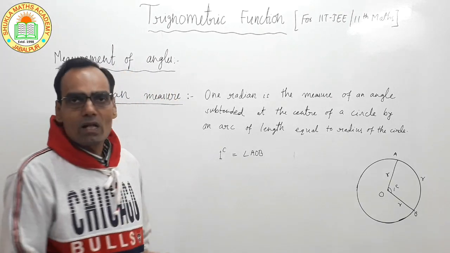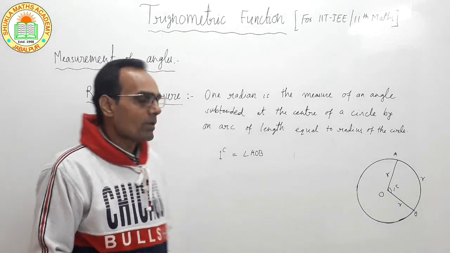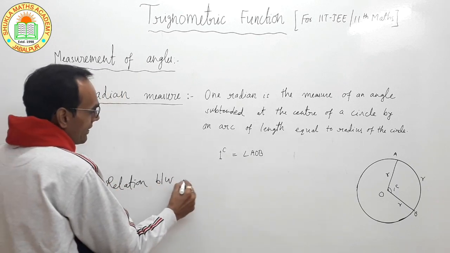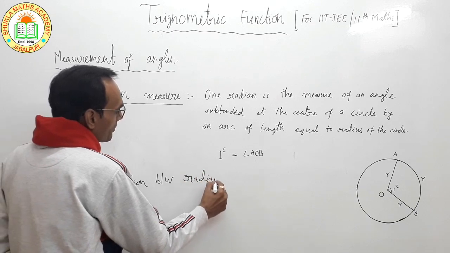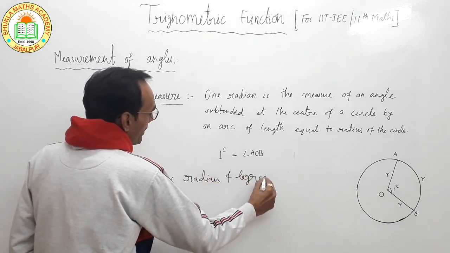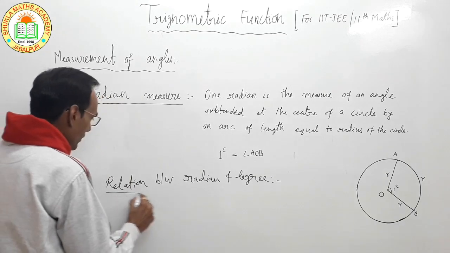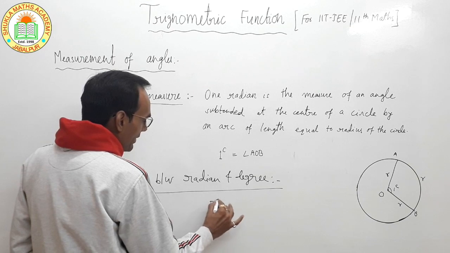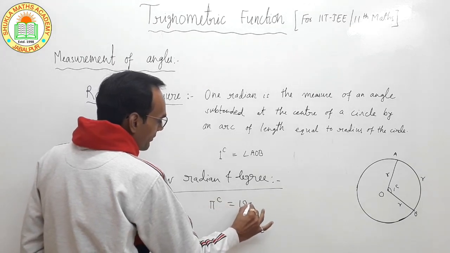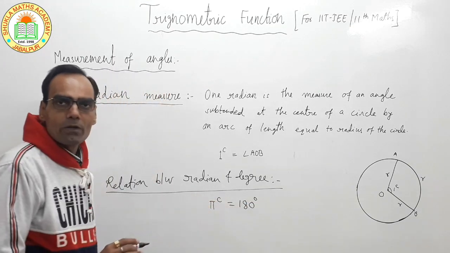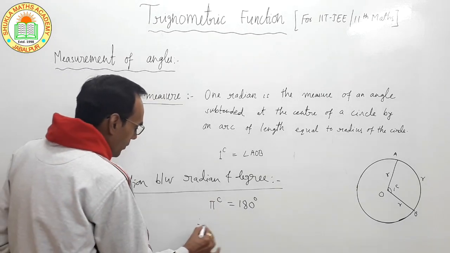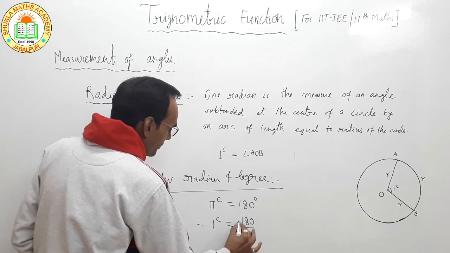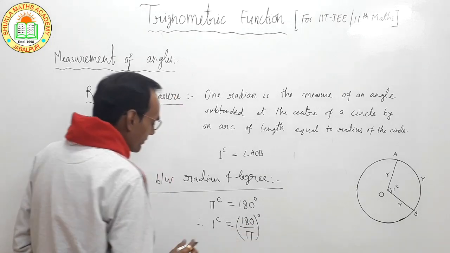That is the definition of 1 radian, and after that we will see the relation between radian and degree. This is a very important relation. Pi radian equals 180 degrees. Remember that pi radian is always equal to 180 degrees. Therefore 1 radian equals 180 by pi in degrees.